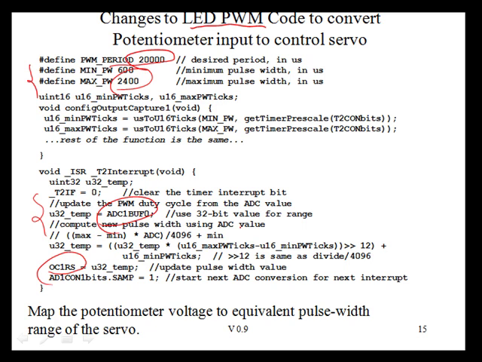The only thing we'll do here is take this ADC value and map it to a pulse width that's going to vary linearly between a minimum of 600 microseconds and a maximum of 2400 microseconds through this equation right here. So with this code right here, we could use the external potentiometer to control the position of the analog servo.